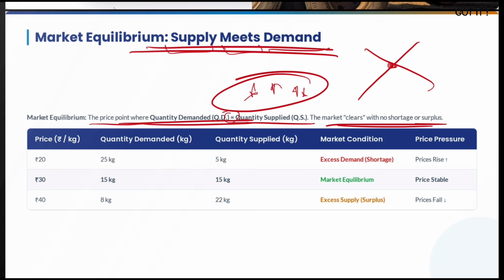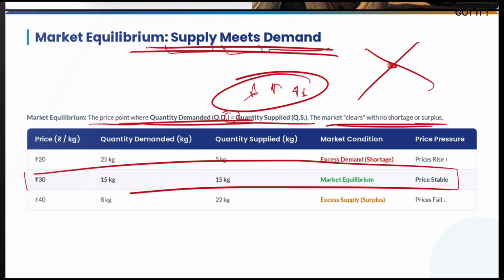So when is the market equilibrium achieved? For example, if the price of a particular product is 30 rupees per kg, the quantity demanded is 15 and the quantity supplied is also 15, then the price is stable. So it will be a proper equilibrium point. But this is not going to happen every time.